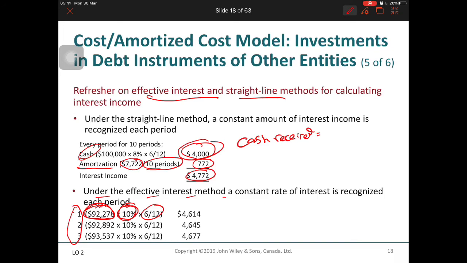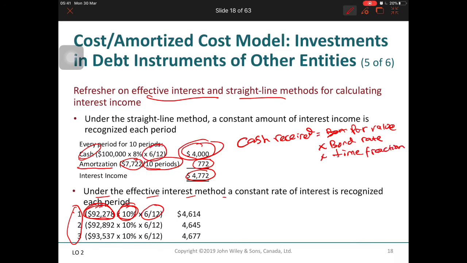The cash received is the par value of the bond multiplied by the bond rate and multiplied by the time fraction, which in this case is 6/12.